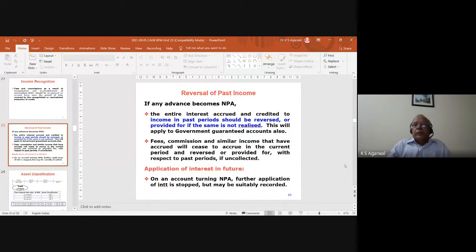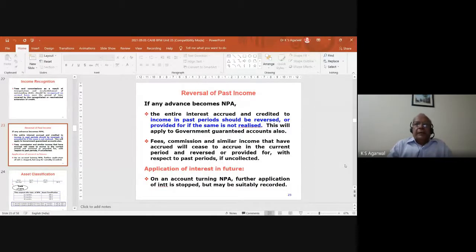What I have to do? I have to debit my income account and credit sundry provision NPA, or I have to make equivalent provision. I can also debit my income account and credit the account itself. This will depend upon the guidelines of the individual bank.